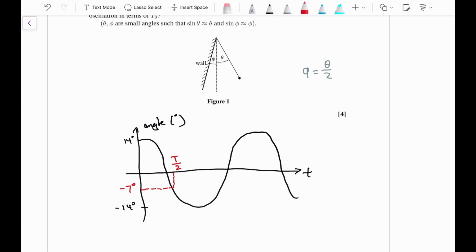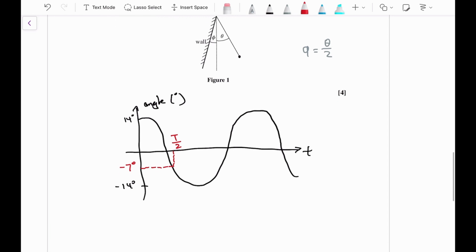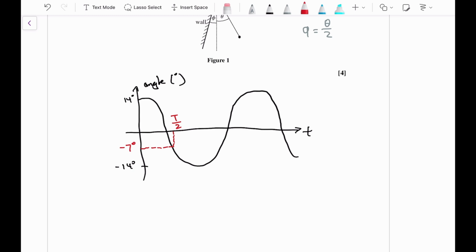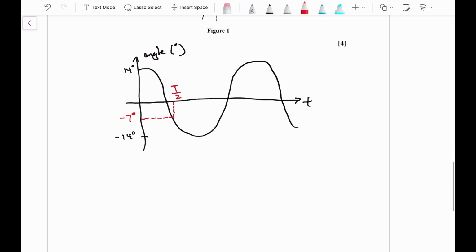So how do we link this back? My idea is that we can write a function for the simple pendulum. In this case, it will be in the form of x is equal to x0 times cosine of omega times t.